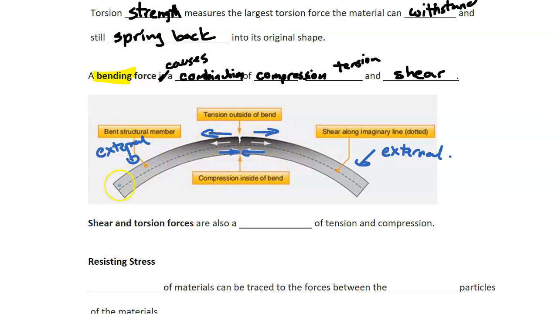And in between, right along this dotted line, you see this shear force happening, right? Where if we take a look just right here and here, we've got two forces moving side to side at different points, one above and one below. And so we see three different internal forces happening, caused by the external bending motion.